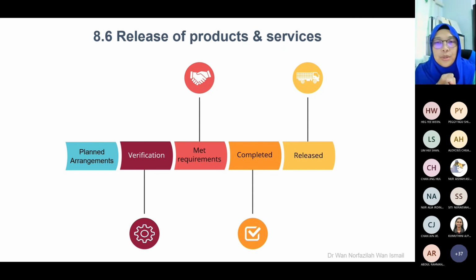Who are going to receive the products? That one is under plan arrangement. Ready with the delivery order, DO. DO ni dia macam dia akan datang sekali dengan invoice lah. That one also under plan arrangement. Who are going to deliver? Who are going to be the driver of the lorry? That one is under plan arrangement.